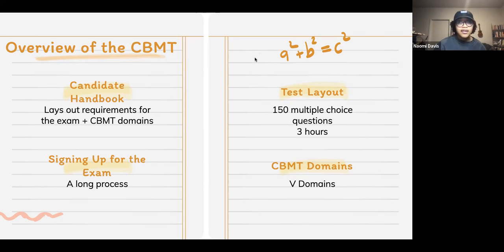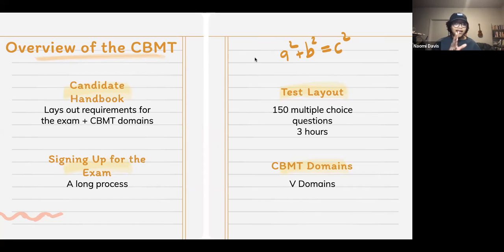And even though there are 150 questions, only 130 of those are scored, because 20 of those questions CBMT uses as test questions. They're testing them out to see statistically how people do. So your score will be out of 130, but the exam is 150 questions.